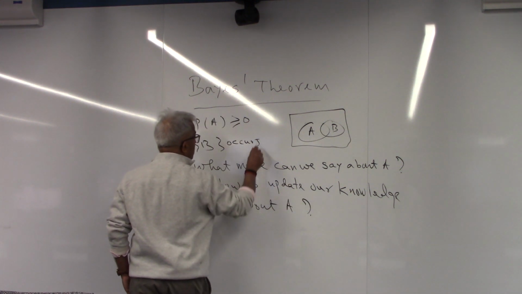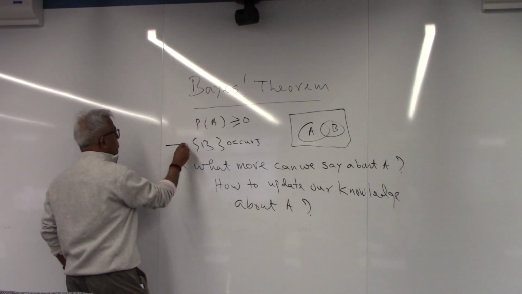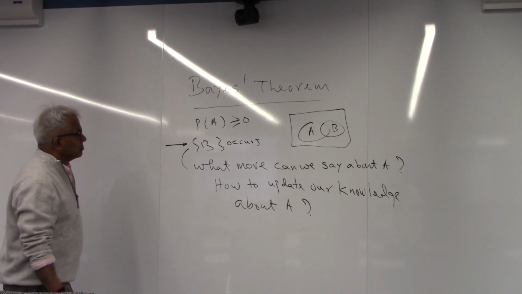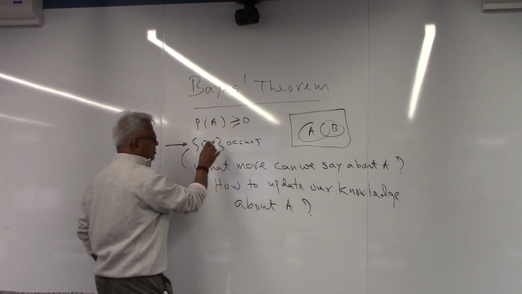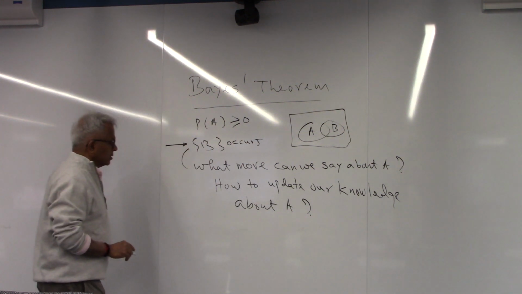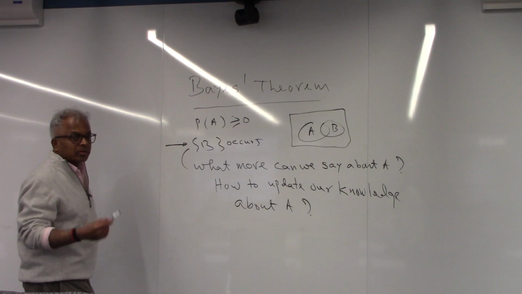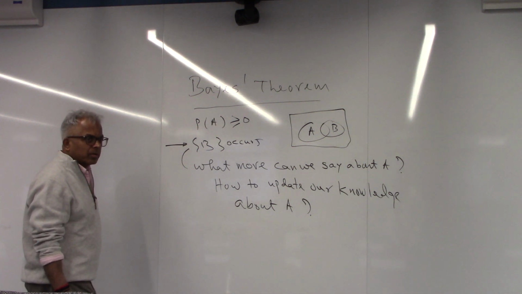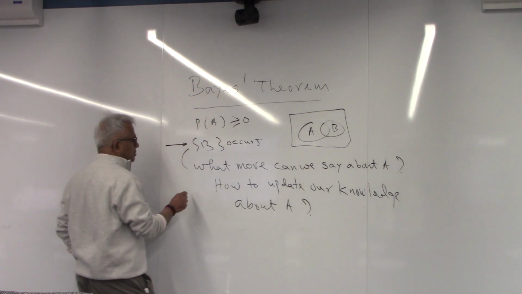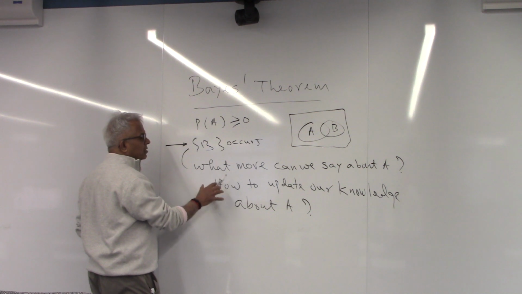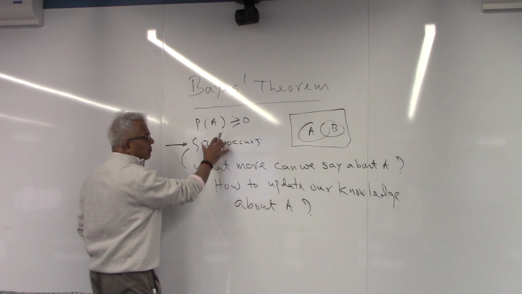So in a way, something happens here, and what more can you say about A? Given that something has occurred, this is where the conditional probability comes in, and this is in a sense trying to infer something more about A from this one.